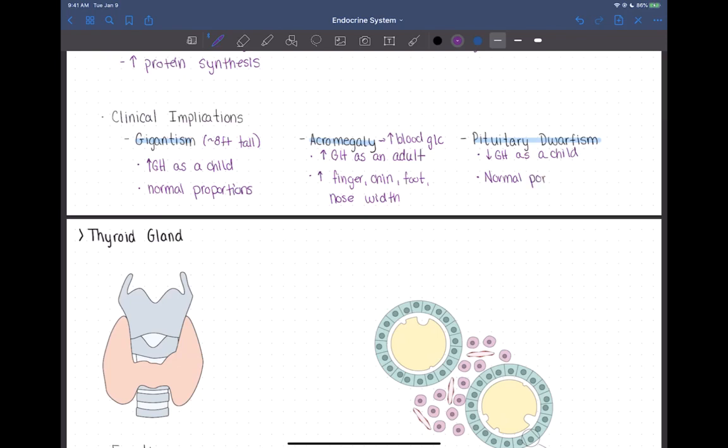All right, so normal proportions. And again, that's because that epiphyseal plate is still intact. All right, and so they're still able to adjust the bone's height, right, their length, rather than having to alter its width.